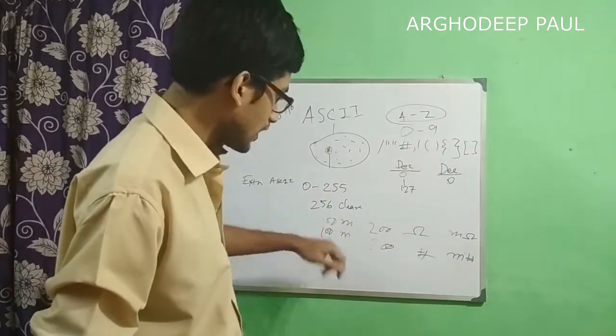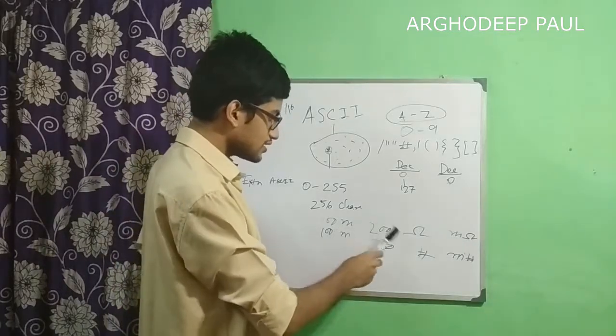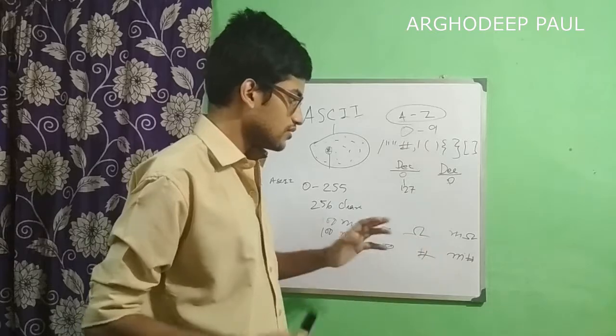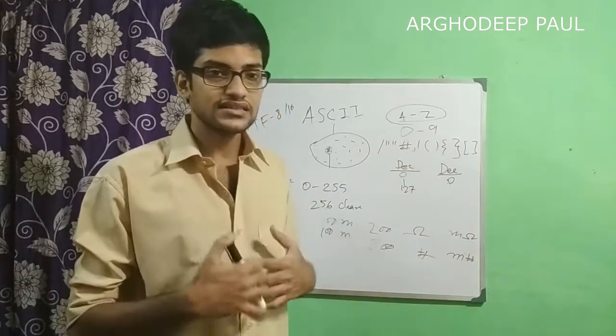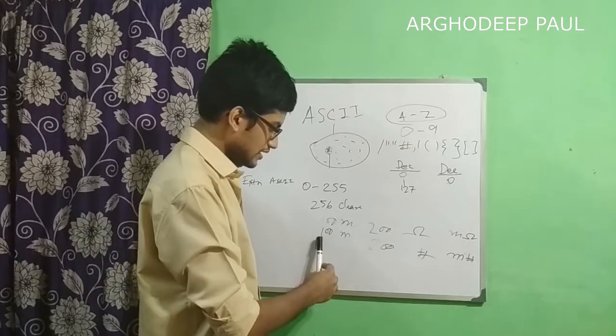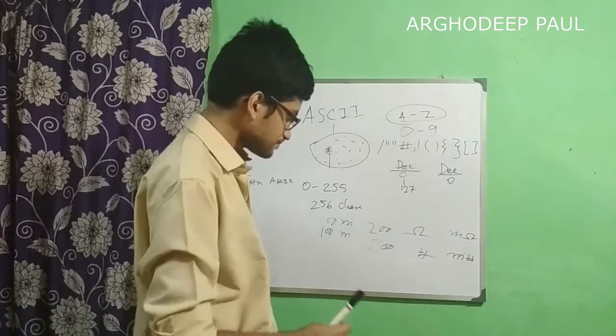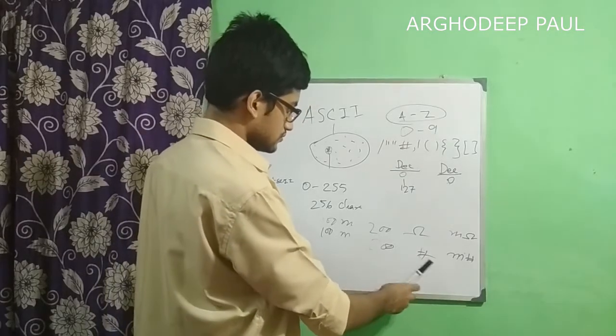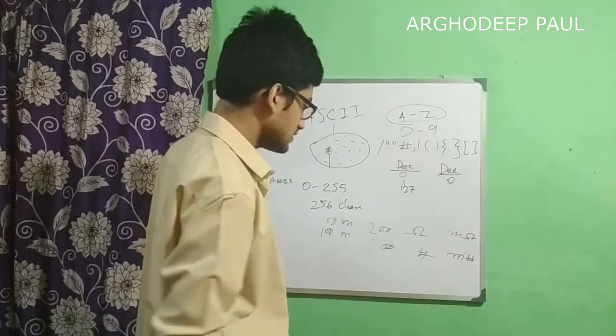ASCII supports 128 characters and the extended ASCII supports 256 characters. I am sending him 100 and 200. M is for 100, and in my extended ASCII table, I have assigned omega to 200, and this is also the same for them, but they have assigned the hash to 200.